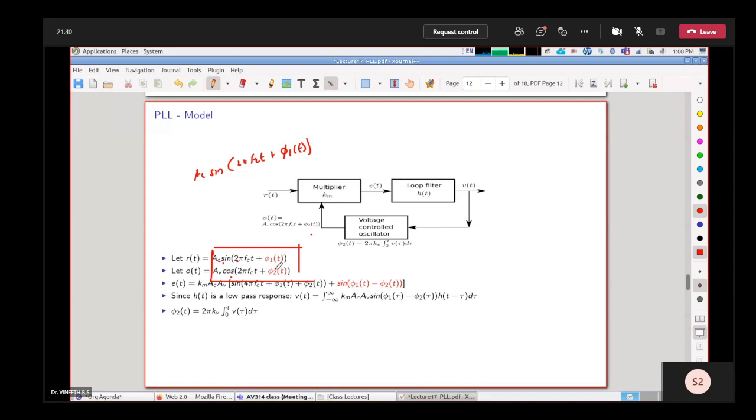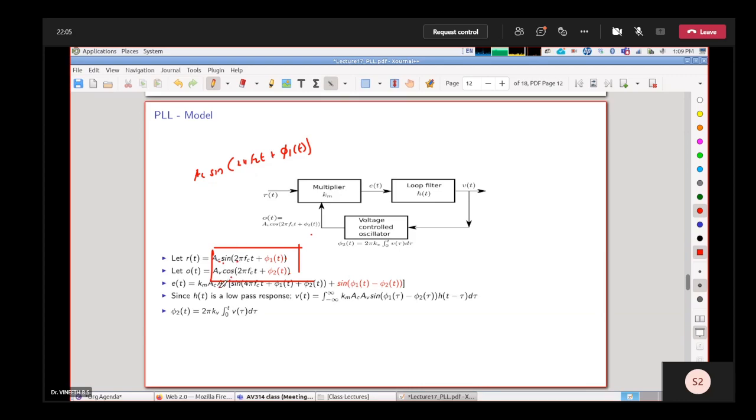We will try to make sure that phi 2 is adjusted in such a way that it matches with phi 1. When we do this, the signal that comes out of the VCO will be 90 degrees out of phase with R of t, but it is a known phase difference, so we can adjust for it. That is why we are doing this.